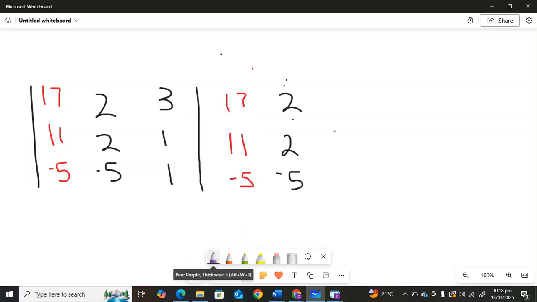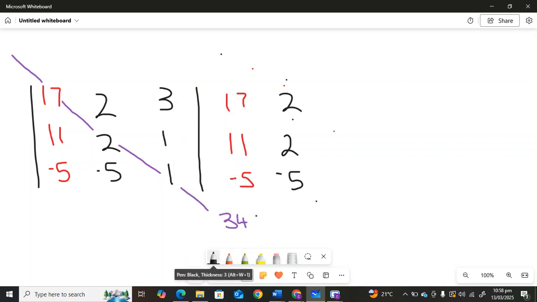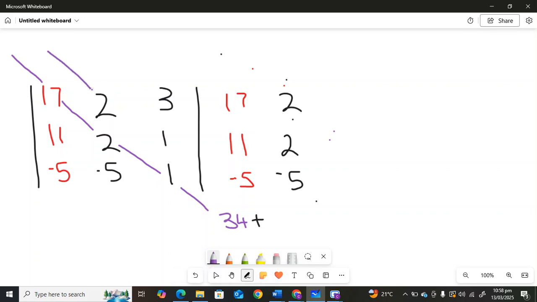So we start with our leading diagonals. 17 times 2, that should be 34. 34 times 1, 34, plus 2 times 1, 2 times negative 5, negative 10.